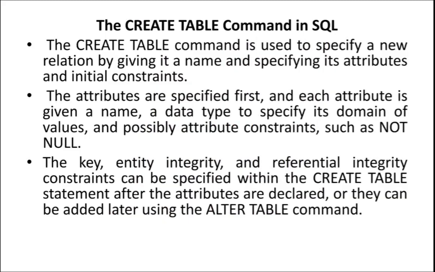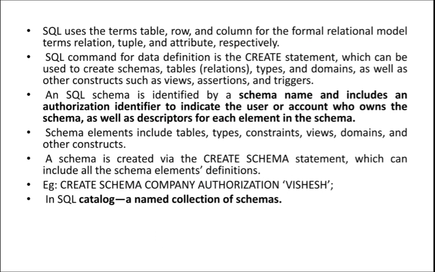For example, fname is stored in varchar, that is character format, and minit is stored in character format, ssn is stored in character, birth date is stored in date format. So that means it is telling in which format you have to store your data. That's why data definition is going to tell how you are going to store your data in the database.